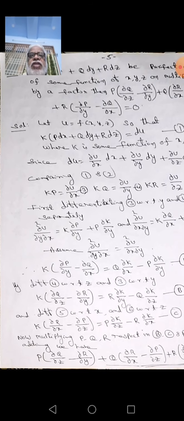First, differentiating 3, what is 3? That is kP is equal to ∂u/∂x. Differentiate 3 with respect to y, and 4 with respect to x. What do we get? The third equation with respect to y, and the fourth equation with respect to x.